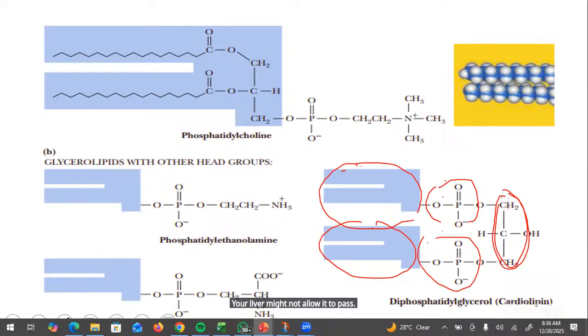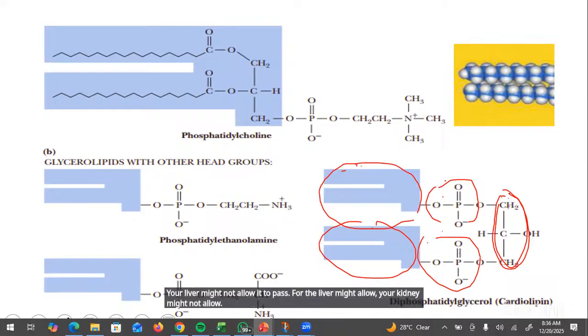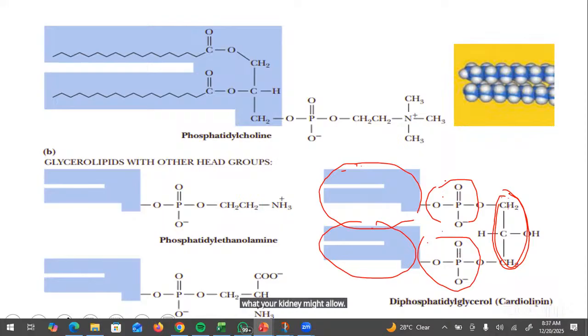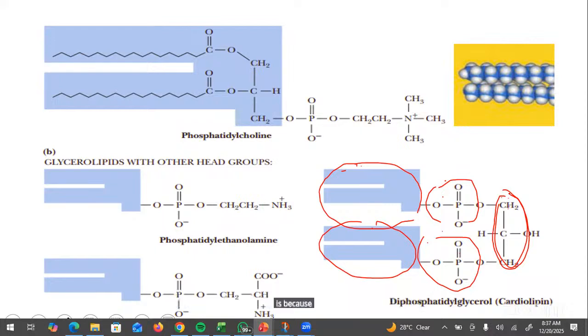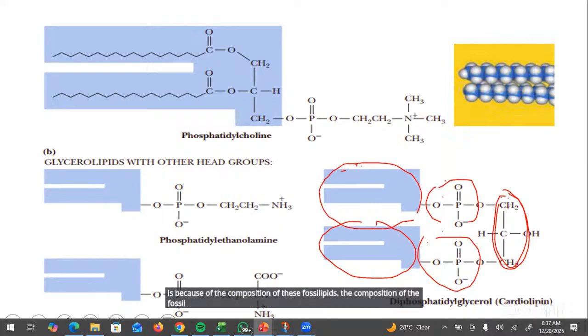What the liver might allow, your kidney might not allow. What your kidney might allow, your pancreas might not allow. Why all of them are differently selectively permeable in terms of what they allow and what they don't allow is because of the composition of these phospholipids. The composition of the phospholipids gives those membranes their characteristics.